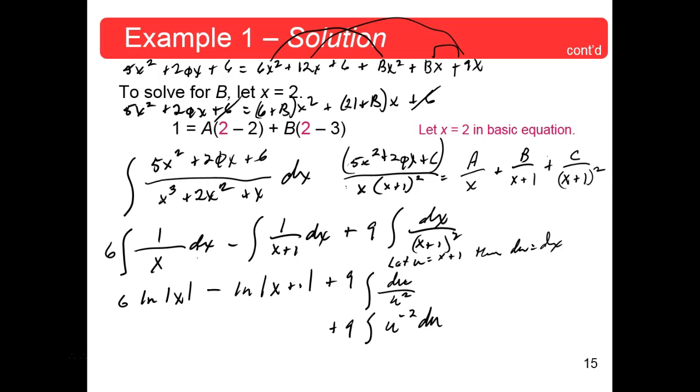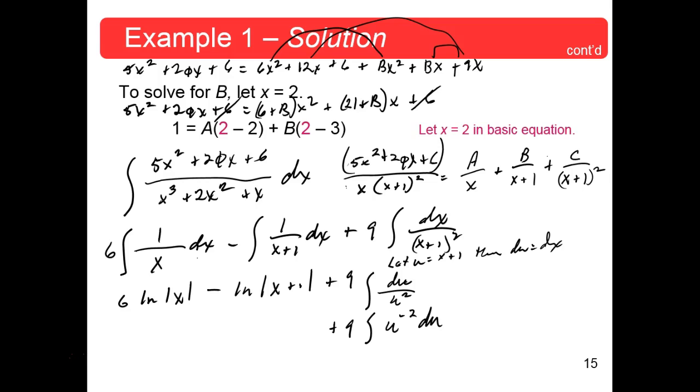What would that be? Isn't that just a power rule problem? u to the negative 3 over 3.